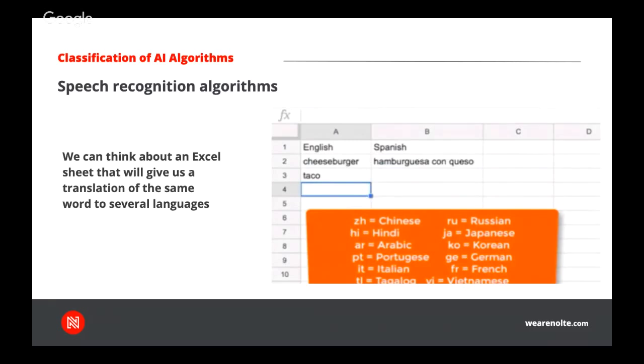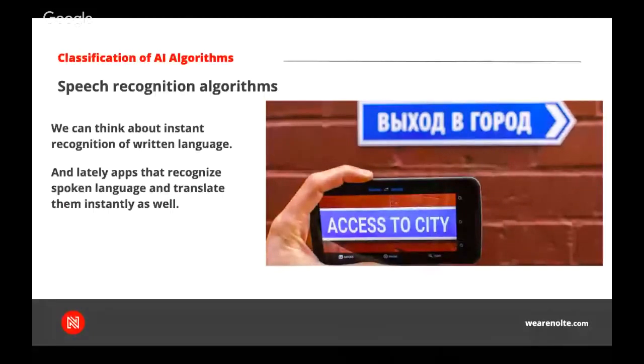And my favorite, the speech recognition algorithms. The inspiration for this lightning talk was this awesome new feature in Google Sheets, where we can have a sheet that you enter a word in a language, and you specify which language you want to translate it to. So these are the basic things that we deal with every day, but also there are awesome new applications that have instant recognition of written languages.